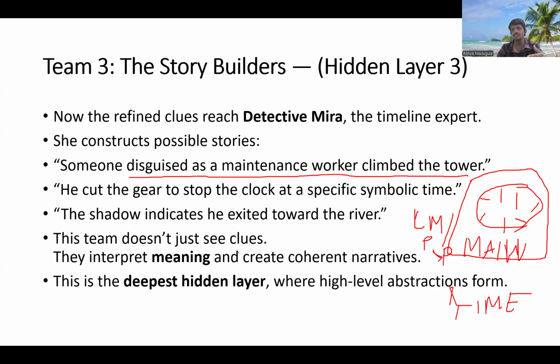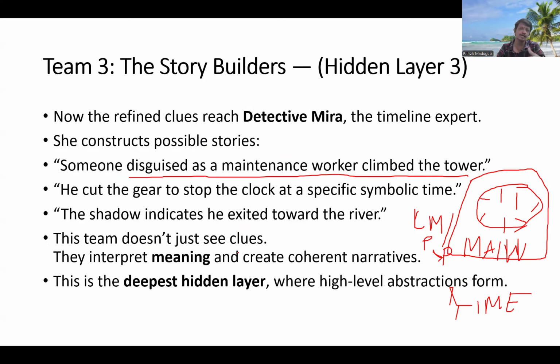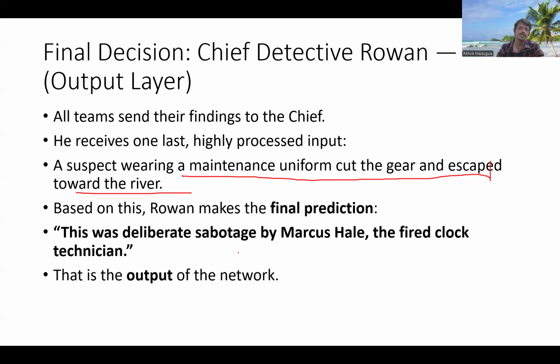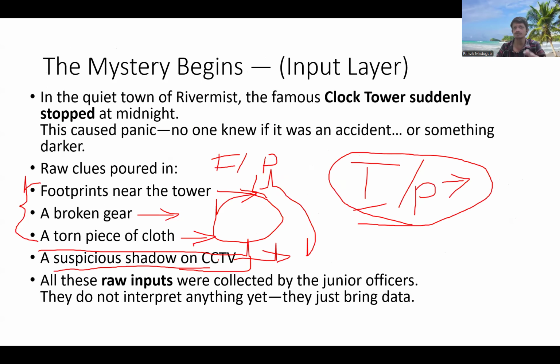So the learning process that takes place based on the patterns and the time period and all the work, we came to a conclusion at the output layer that the guy who has stopped the clock is the guy who is working in the maintenance room. So this is the final conclusion or the final prediction that we can have based on the layers that we have gone through.